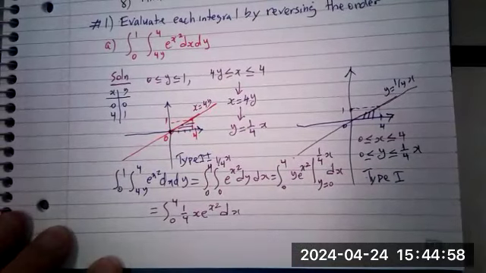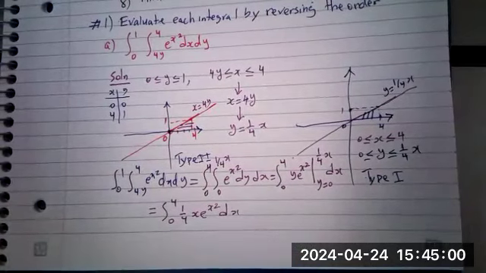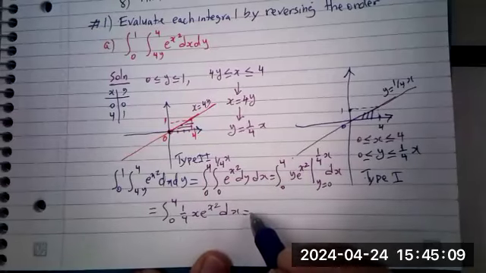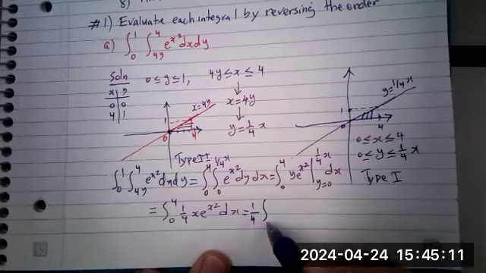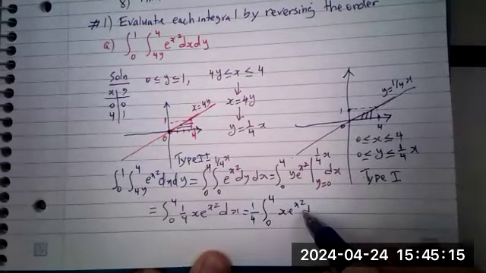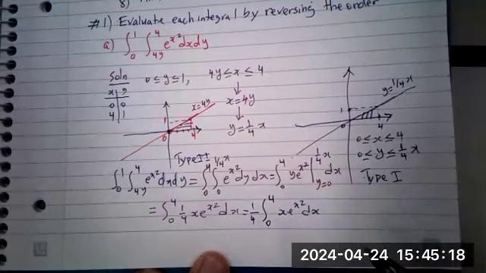That's it. Now we are ready to integrate it. What you need is a 2x here to be able to do it. So if you pull the quarter out, that gives you the integral from 0 to 4 of x e to the x squared dx. You can use the general u substitution if you like.